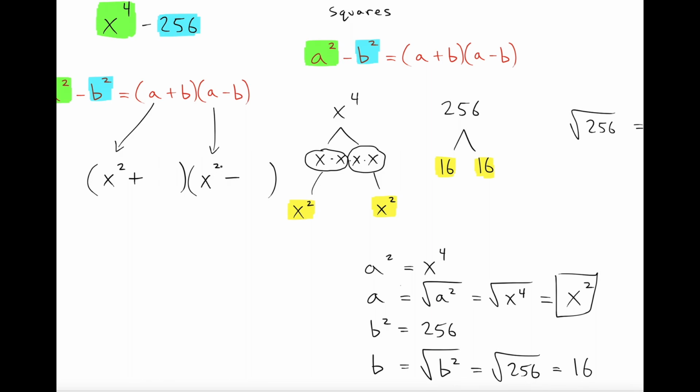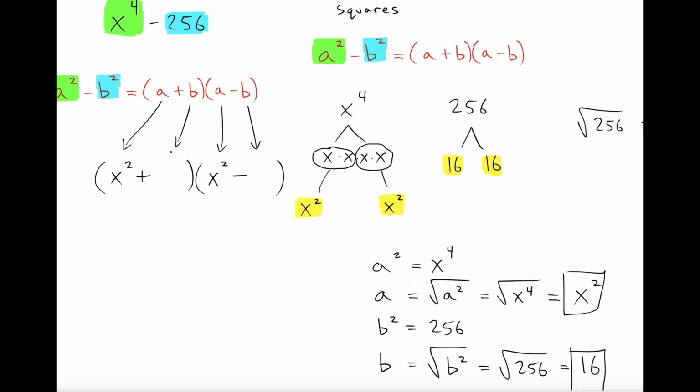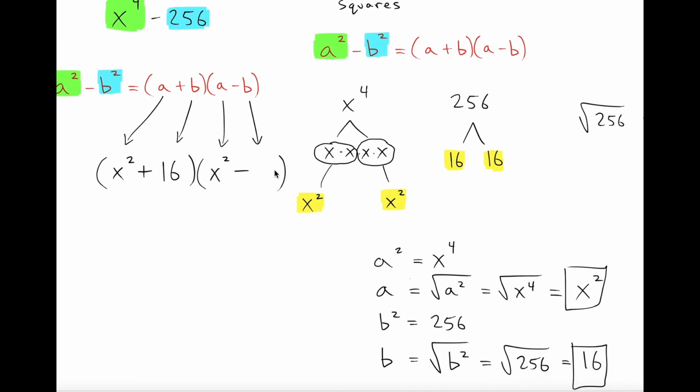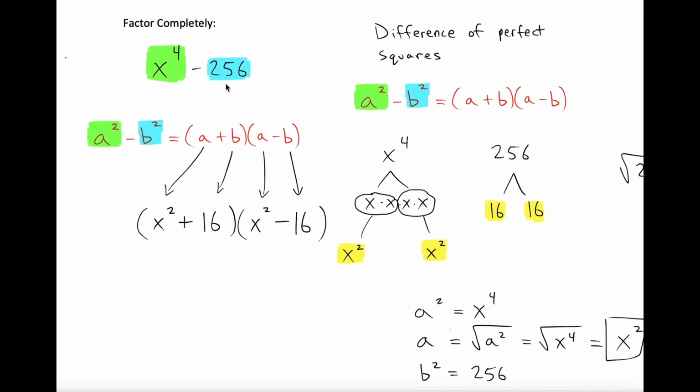Put that as your first term of the binomials. And then your b is going to be the 16. Put that here. Now that's good so far. We did factor our original expression into a more factored form.